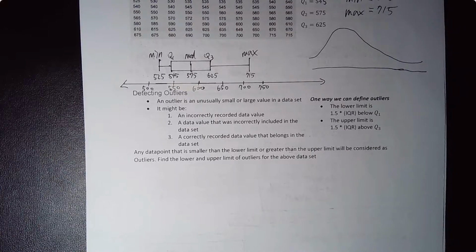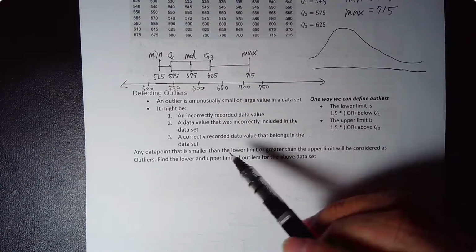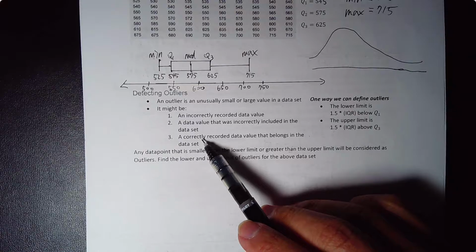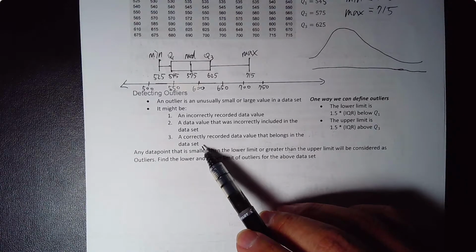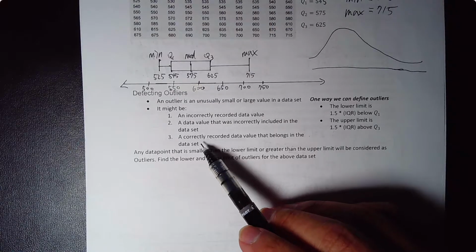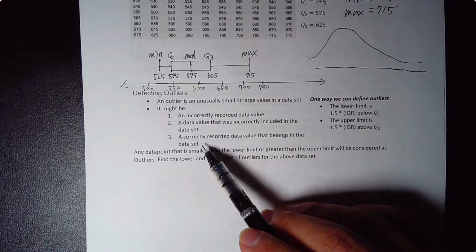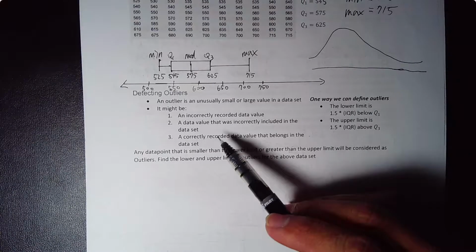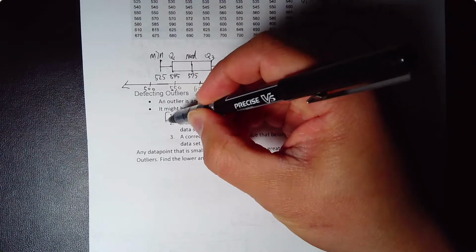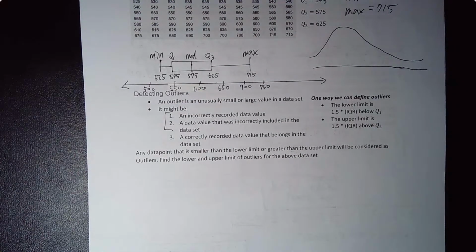But it could also be a correctly recorded data value. You could have a kid who is 6'5", 6'8", probably Yao Ming in fifth grade. He probably was that tall. Now for the first two reasons, of course you want to take out those data values.